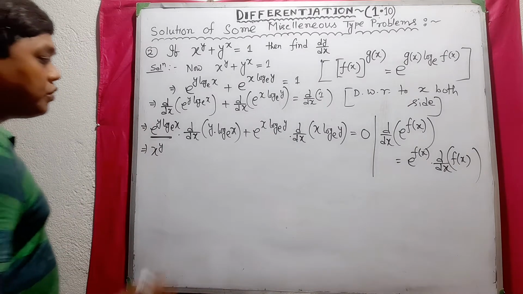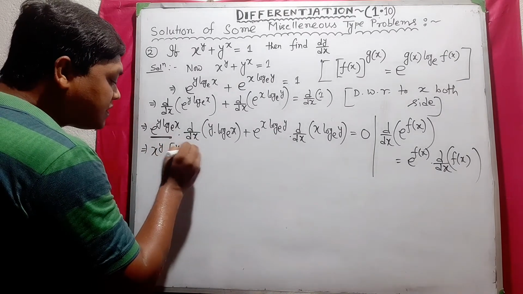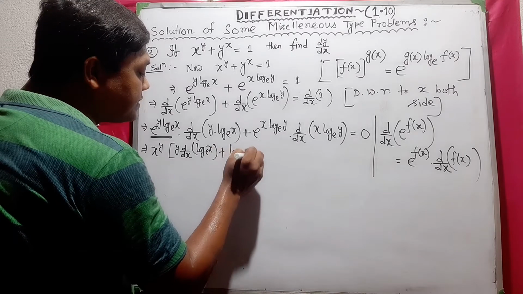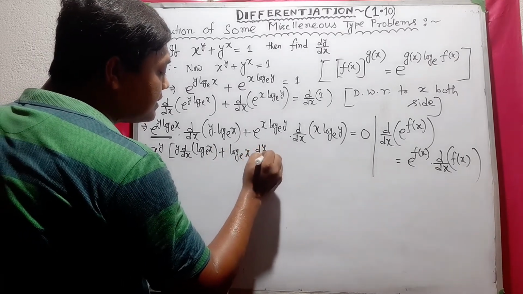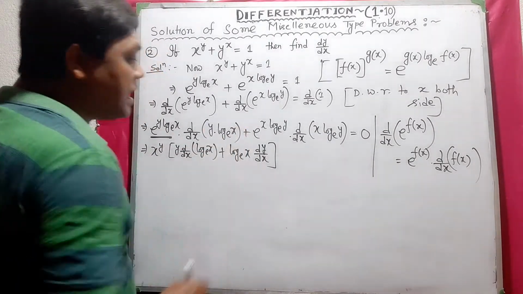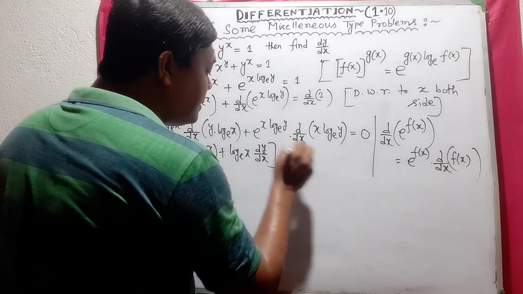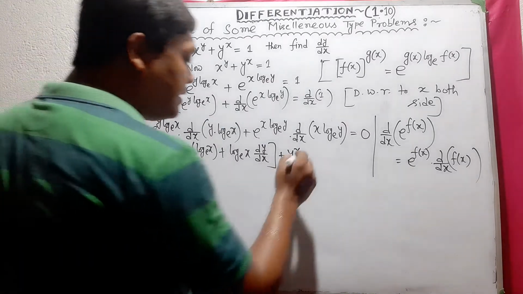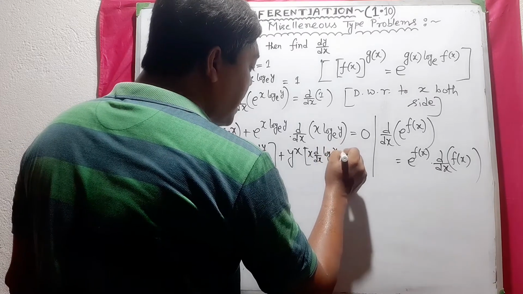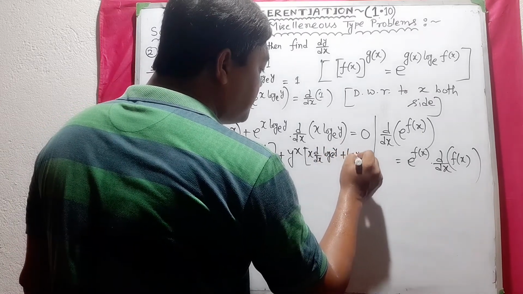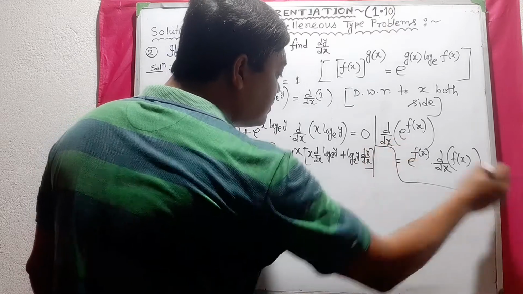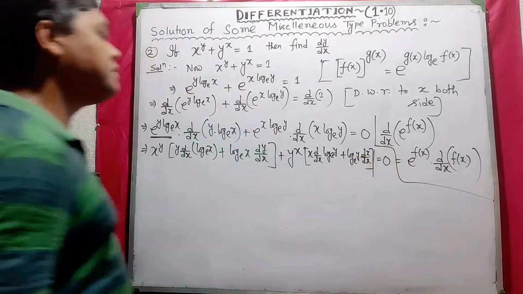So y d/dx of log x base e plus log x base e dy/dx, using the u into v rule: u into dv/dx plus v into du/dx. In similar fashion, we can write y to the power x and x d/dx of log y base e plus log base e y and d/dx of x, that is also 1, equals 0.